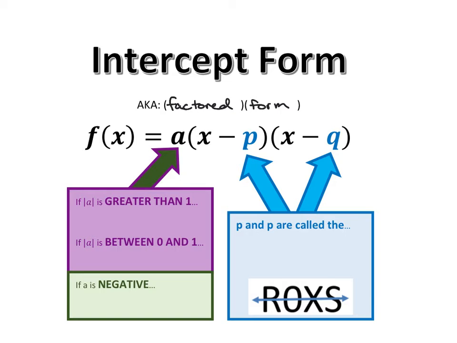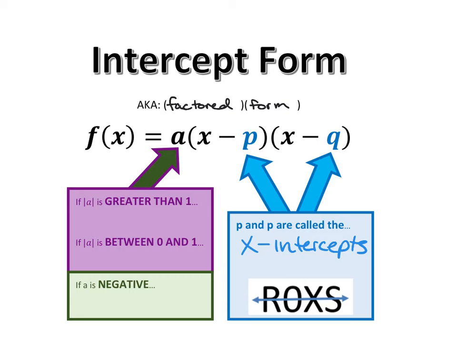Okay, this p and q that is blue in this equation, f of x equal to a, parentheses, x minus p, close parentheses, x minus q, close parentheses, those p and q are my x-intercepts, which is why this is called intercept form.